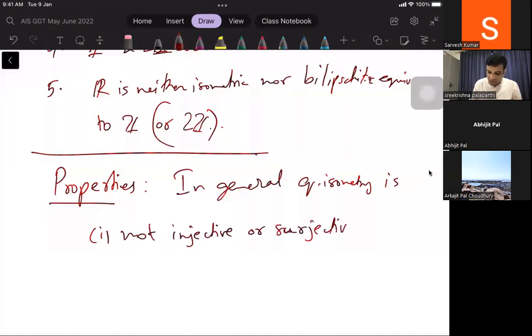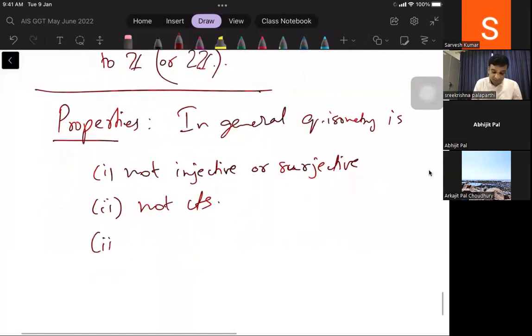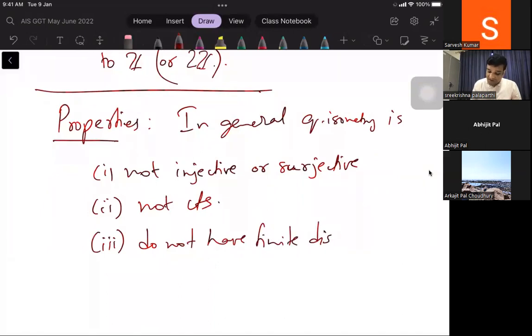You can see the above example. Two, it is not continuous. Same above example. Okay, three, they do not have finite distance from any isometry.